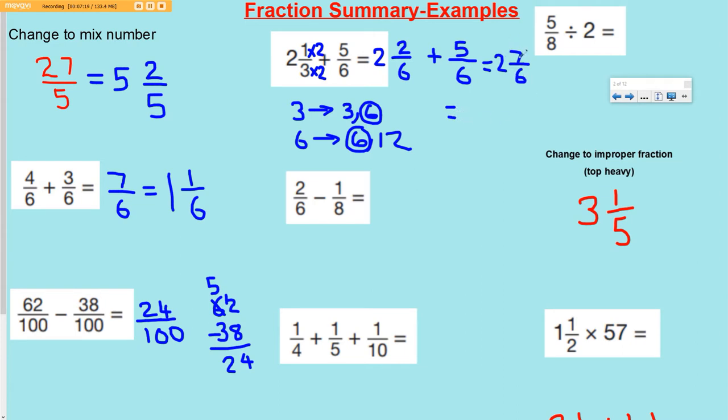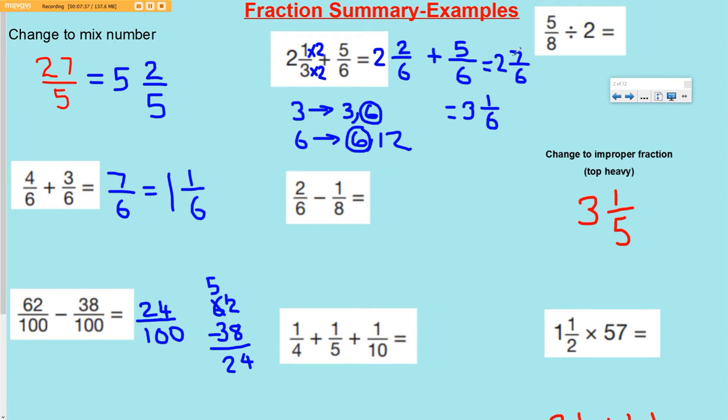We get 2 and 7 6. So that's 1 whole and 1 6. So that 1 whole now we're going to put it onto the 2, which then becomes 3 and 1 upon 6.